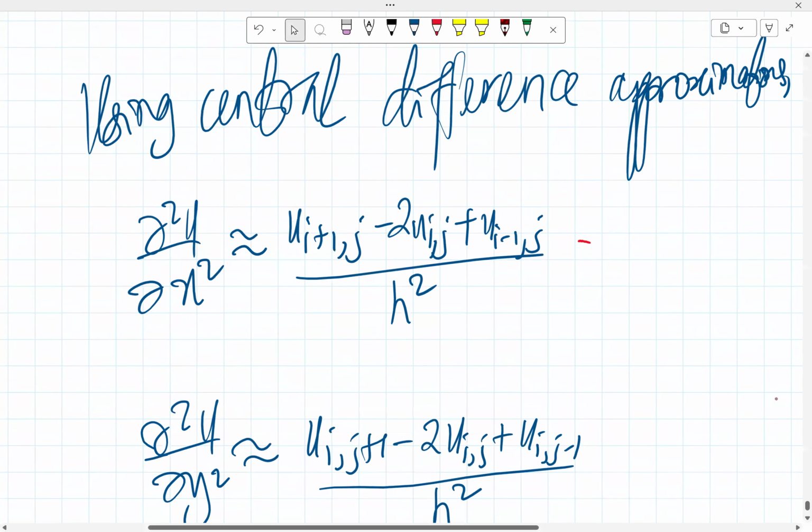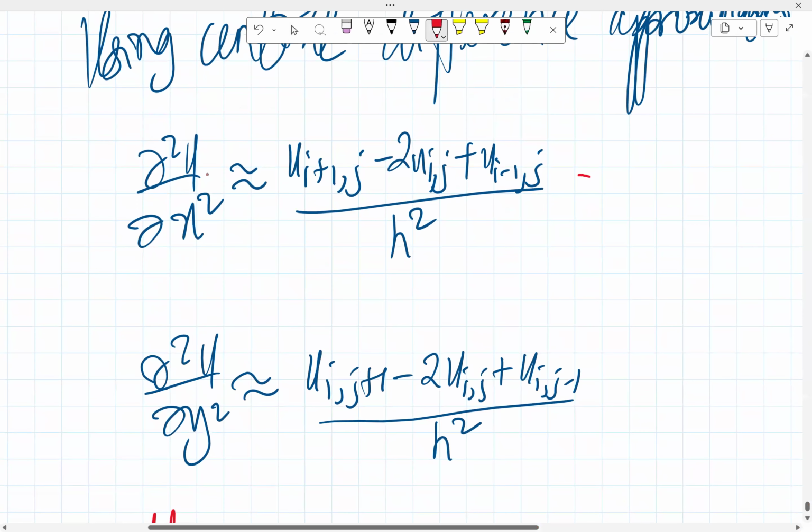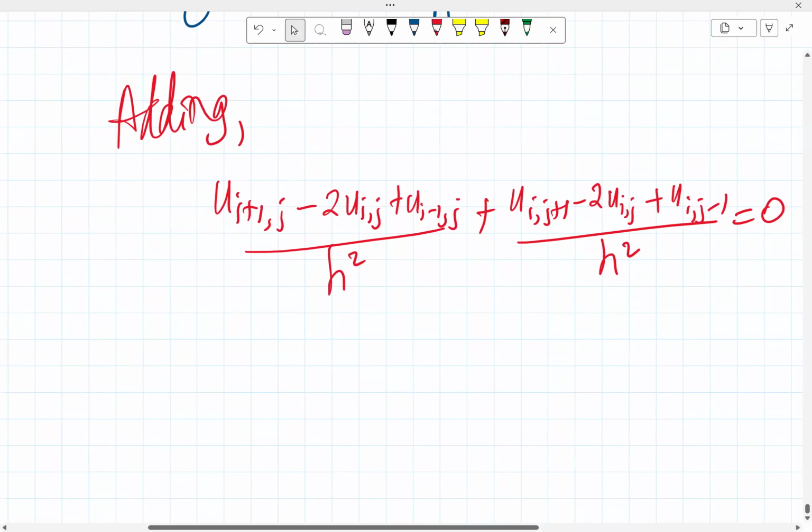That's from the whole idea of partial squared u partial x squared plus partial squared u partial y squared being equal to 0.